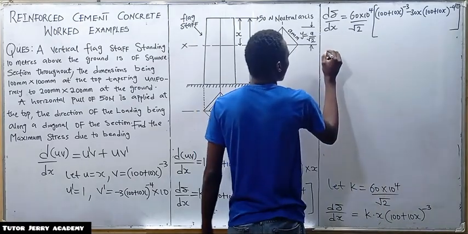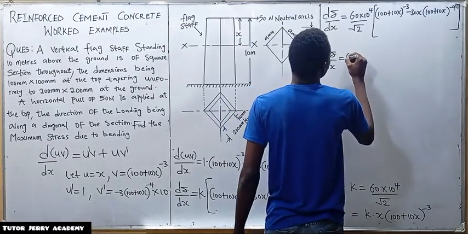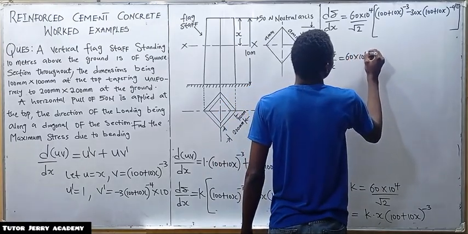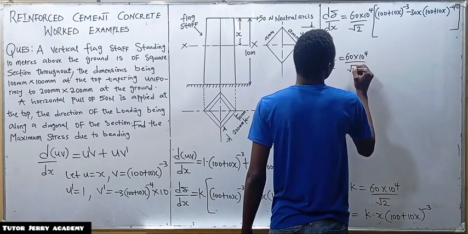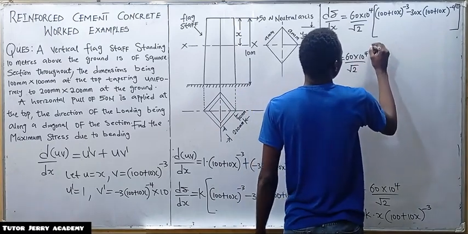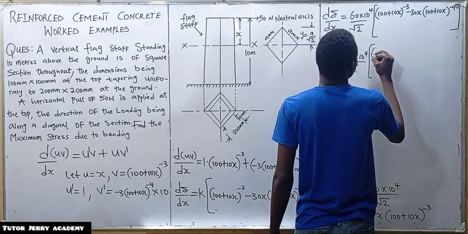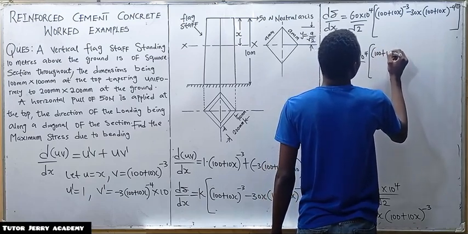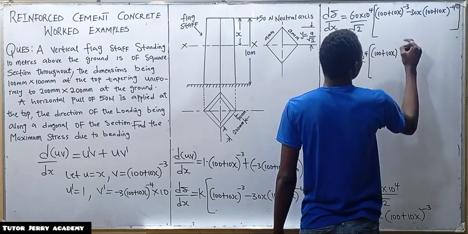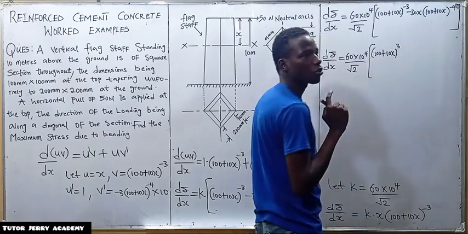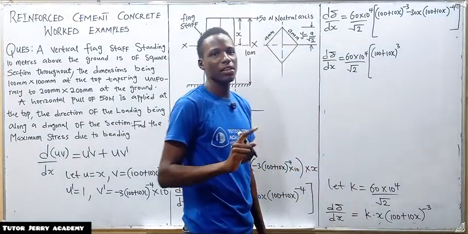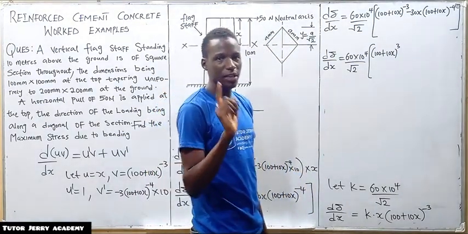Let's do it here. So we have 60 multiplied by 10 to the power of 4 all over the square root of 2, into the bracket of 100 plus 10x. This will be all to the power of 3, because we are going to divide by 100 plus 10x all to the power of 6. Take note of that.